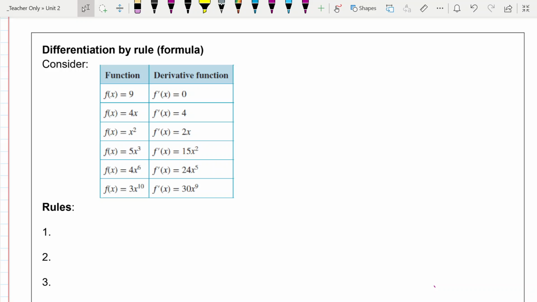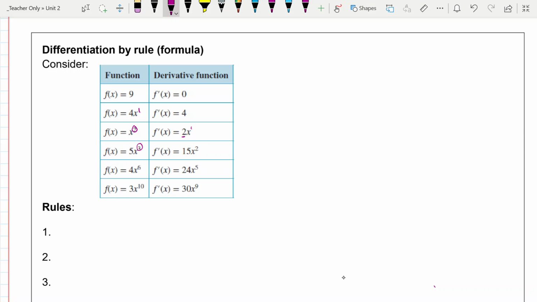Now hopefully you've noticed that where the original function is a whole number, the derived function is 0. Where the original function had an x to the power of 1 in it, then the derived function has an x to the 0. Where there's an x squared, that one's an x to the power of 1, but hang on, look here, we have a 2 in front.